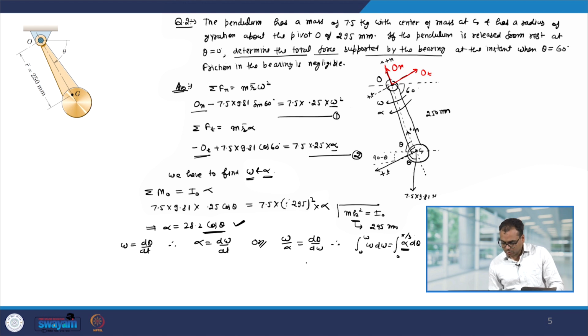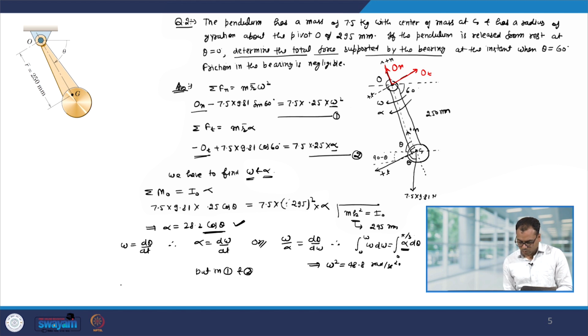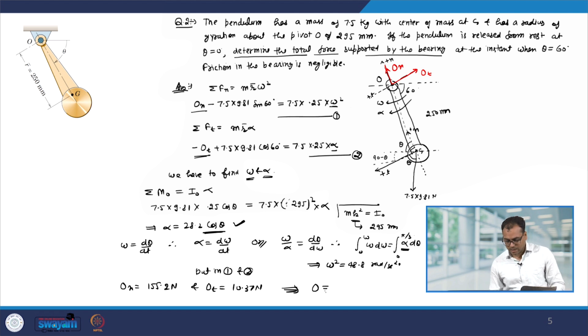So, therefore, we get omega square equal to 48.8 radian per second square, and we can put this in equations number 1 and 2. So, we get O n equal to 155.2 Newton and O t equal to 10.37 Newton, and therefore, O, which is the square root of O n square plus O t square, will be 155.6 Newton.